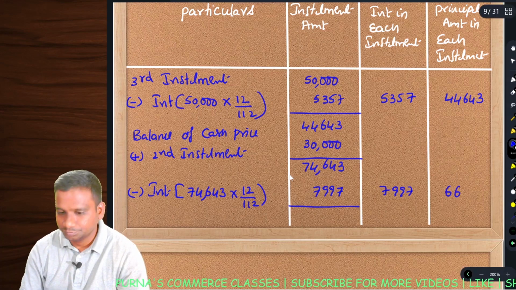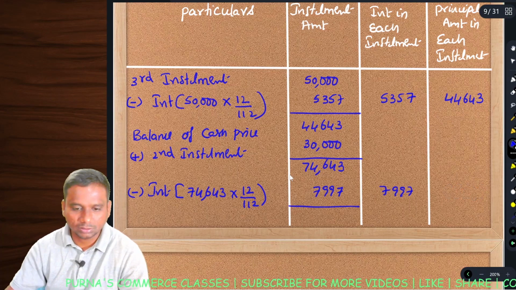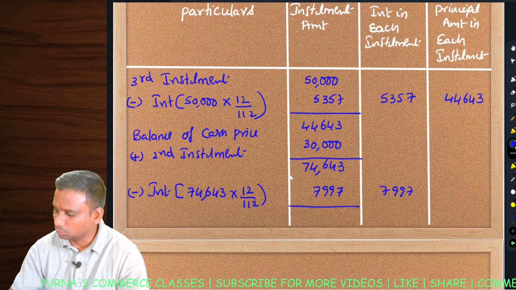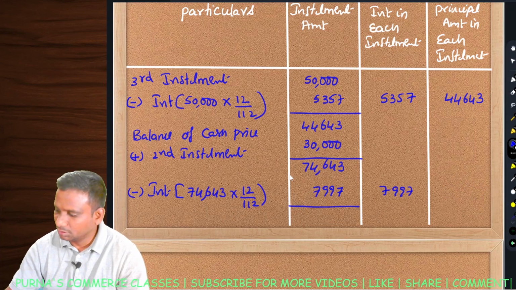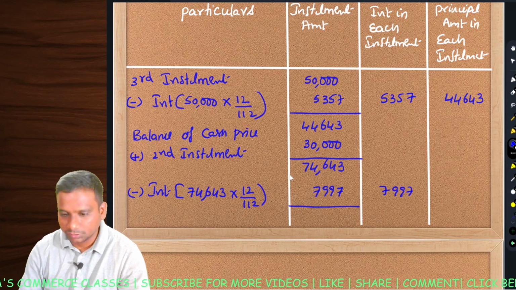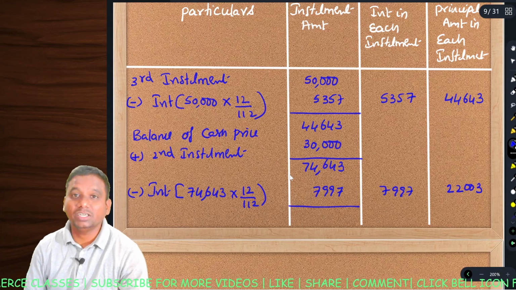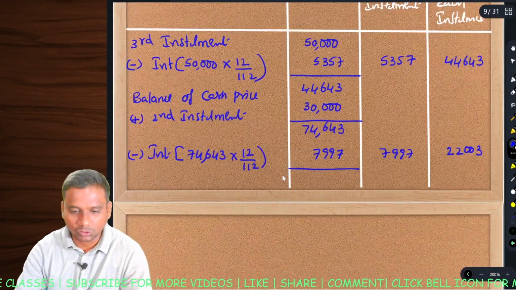No, just a minute. The installment amount is 30,000 minus 7,997. Out of that, 7997 is the interest portion. That means 22,003 is the principal amount in the second installment, right?